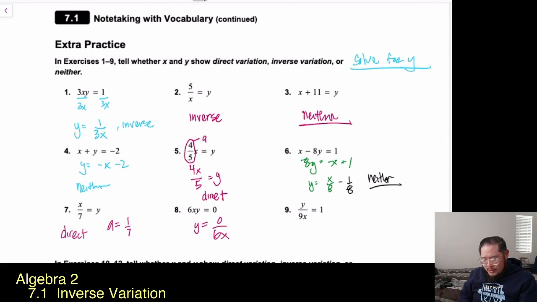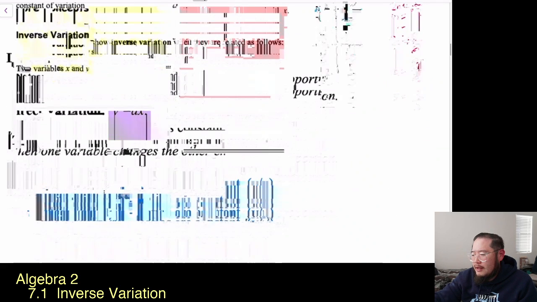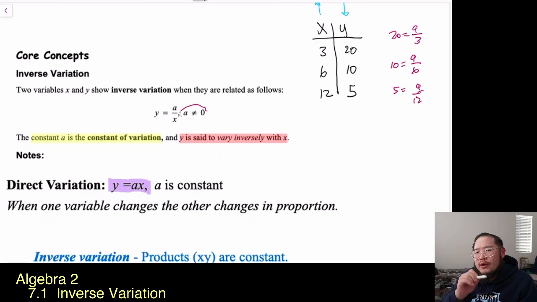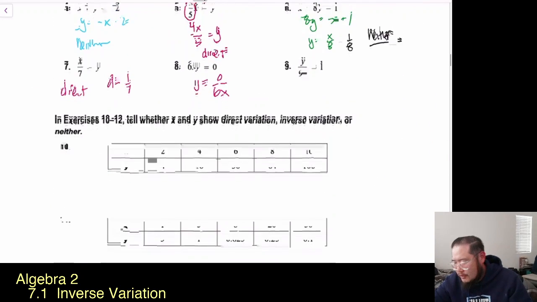So remember, when you take a look at the notes, some key things that appear is that, hey, in direct variation, a cannot equal 0. We can go ahead and say the same thing for inverse variation, because if a equals 0, then you're going to always end up with 0 as well. So right here for number 8, we end up with neither.